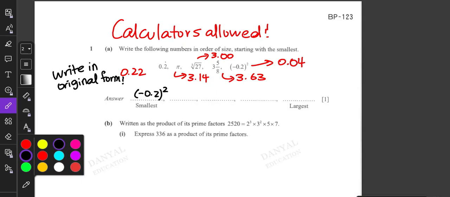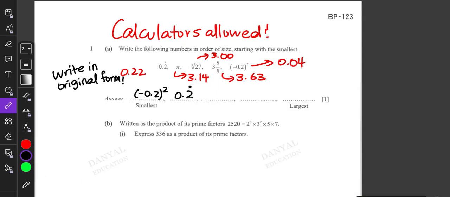Next one will be 0.2 with a dot. Next one, cube root 27, followed by pi, followed by 3.5 over 8.